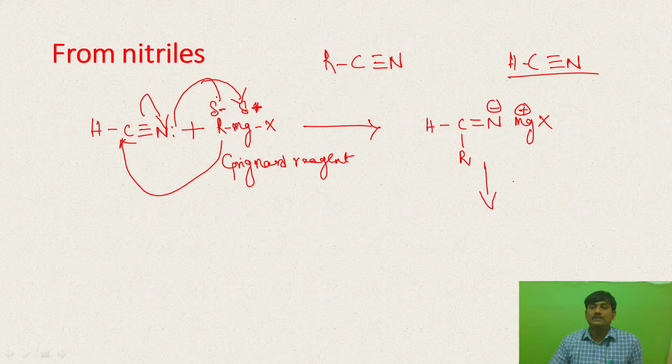On acidic hydrolysis, when you perform hydrolysis in the presence of acid, there is an addition of oxygen. So upon acidic hydrolysis, there is an insertion of oxygen and a formation of aldehyde, RC double bond OH.